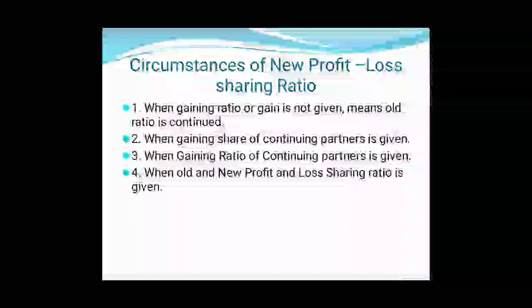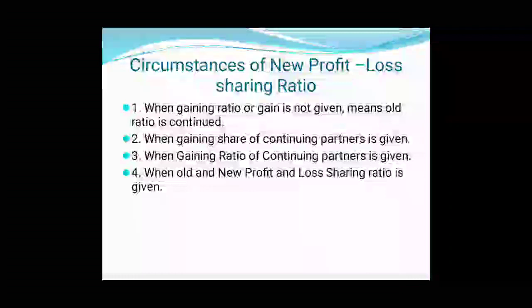First of all, we will find gain share equals new share minus old share, and whatever the result, after making the denominators equal, we will remove the denominator, and whatever is left to us will be the gain ratio of the continuing partners. So this was all about the circumstances of the new profit and loss sharing ratio. In the next video we will be seeing short sums based on new profit and loss sharing ratio and gain ratio. Thank you.